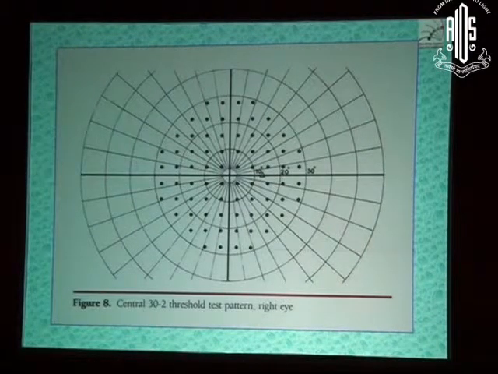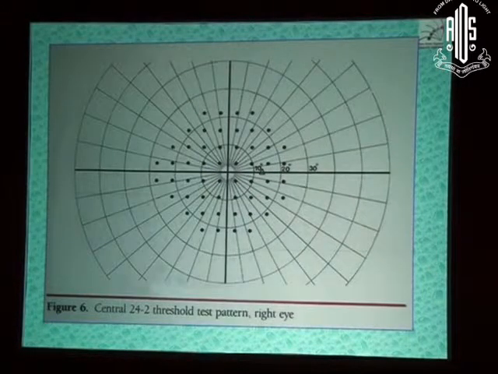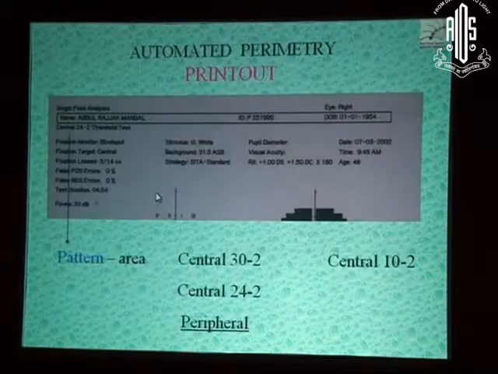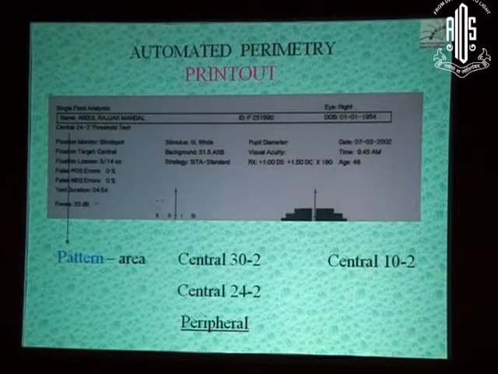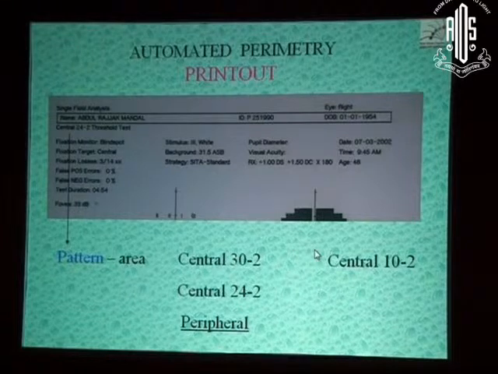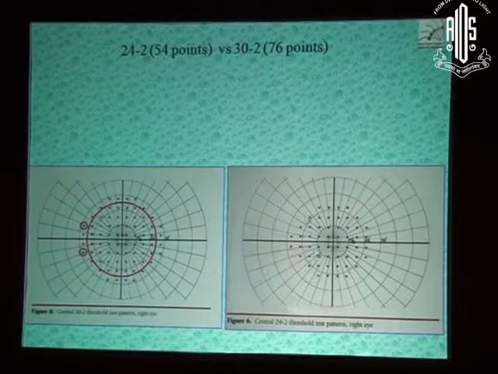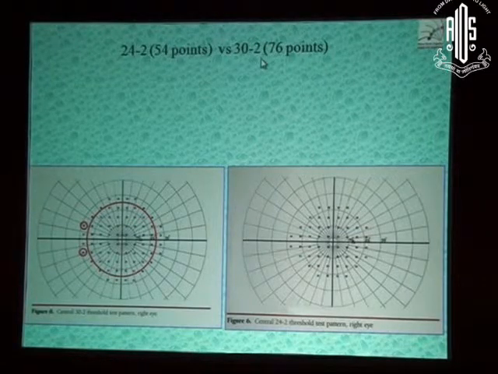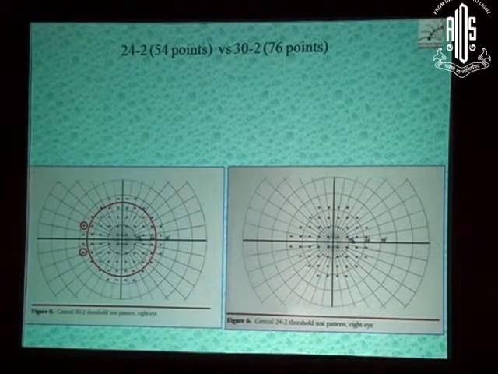This is the central 30-2 program, where 76 points are distributed in the 30 degree area, and in the 24-2 program the points are distributed in 24 degrees, including the 2 nasal points in 30, which I will tell you later on. So the pattern of the area is different, either central or peripheral. It may be 30-2, 24-2, or 10-2. This is the 24-2 versus 30-2 program, which we usually look at.